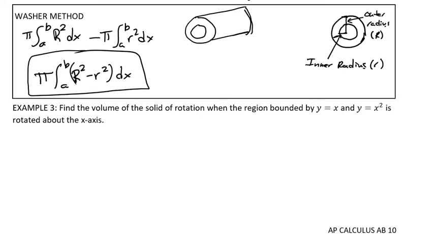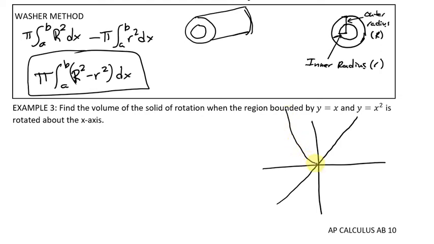Okay, so let's draw a picture again. Y equals x, we know, goes through the origin and cuts the first and third quadrants in half. Y equals x squared, we know it goes down, touches the origin, and comes back up here.